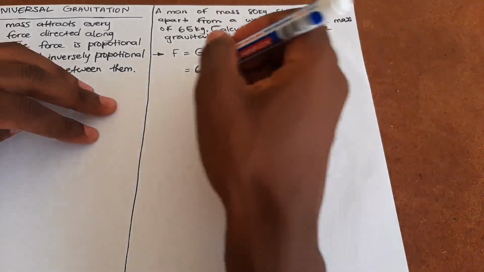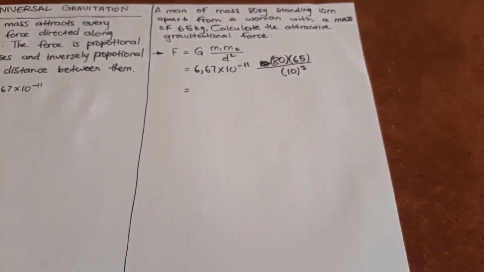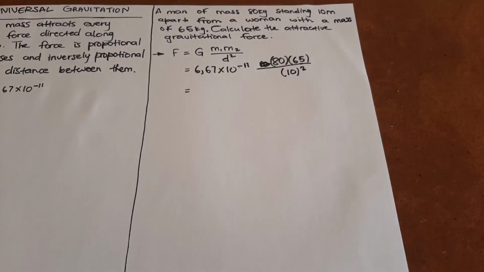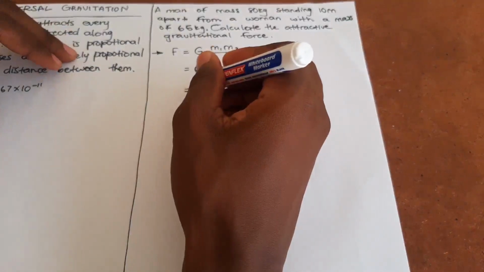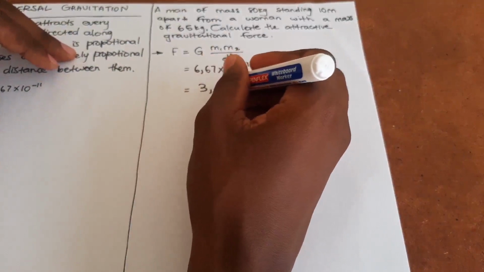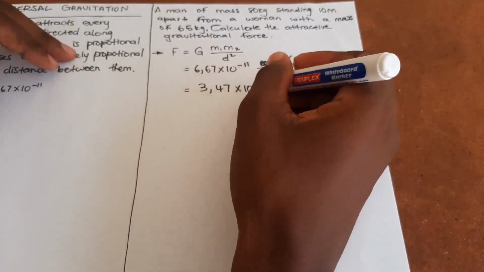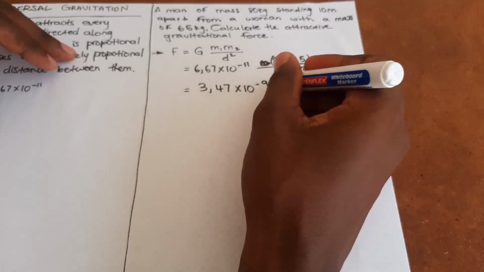So that will be equal to, please press that in your calculator. Let's press that on our calculators. That is equal to 3,47 multiplied by 10 to the power of negative 9 newtons.